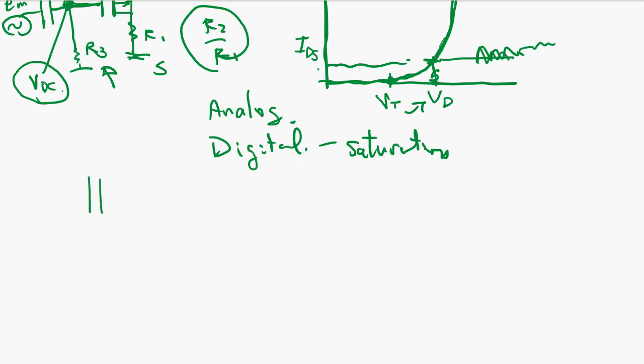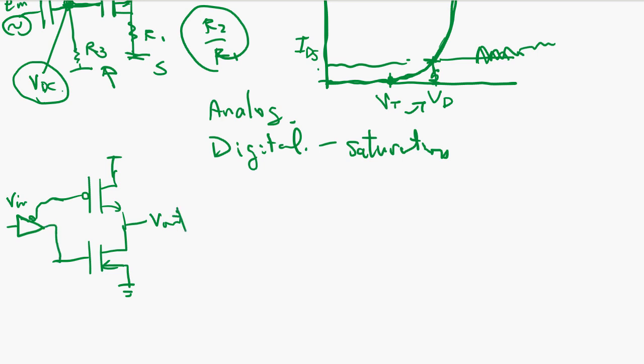For example, you put a P channel and an N channel like that. So you drive. This is logic in voltage. V out.